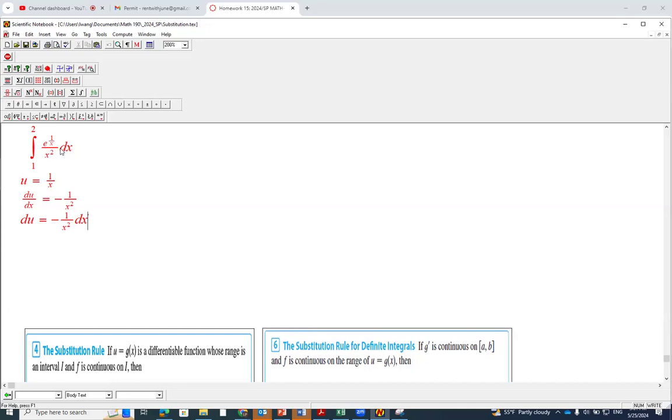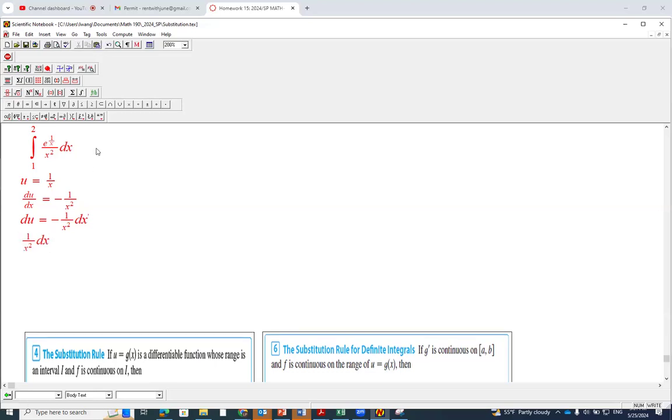And we already have dx over x squared, so we are different from du by one sign. But at this point, you can express 1 over x squared multiplied by dx as equal to negative du.